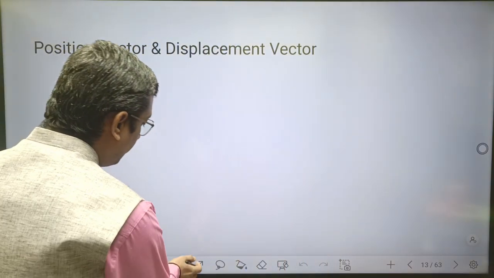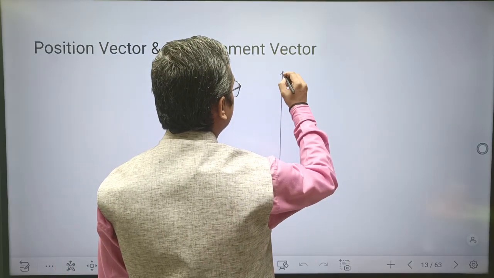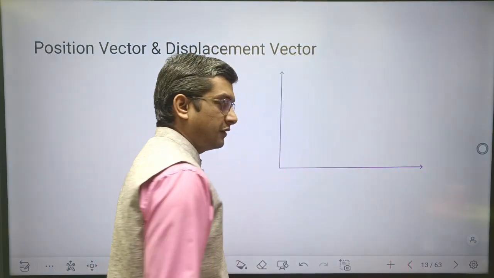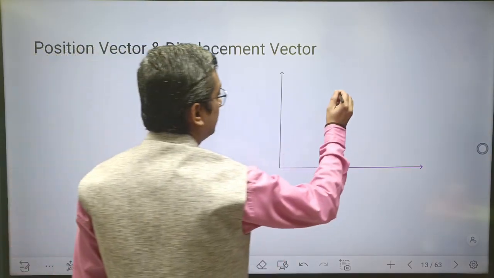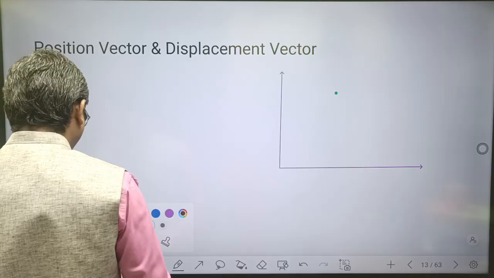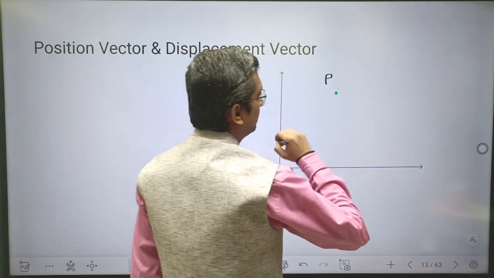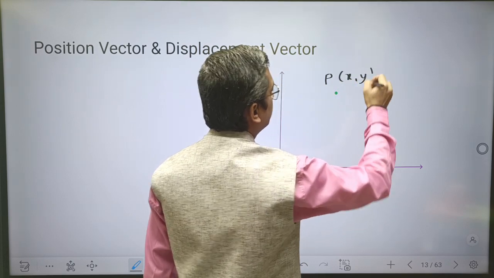So dear students, now we will use the concept of I cap, j cap and all these things, isn't it? Suppose let us start with a 2D system, that is we have the x-axis and y-axis, and if I take a point here, this is a particle kept at point P having coordinates x and y.